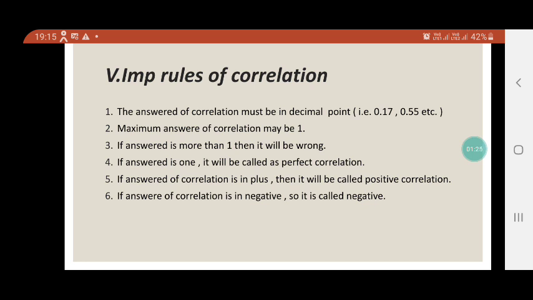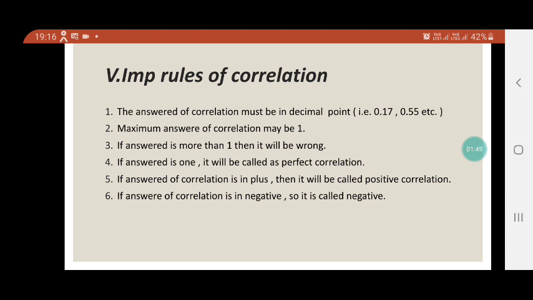Okay, so let's see the rules of correlation. Once you have calculated the answer, you can check whether these rules are being fulfilled or not. If any of these rules is being violated after calculating the coefficient of correlation, you can interpret that your answer is wrong. Otherwise your answer is correct.